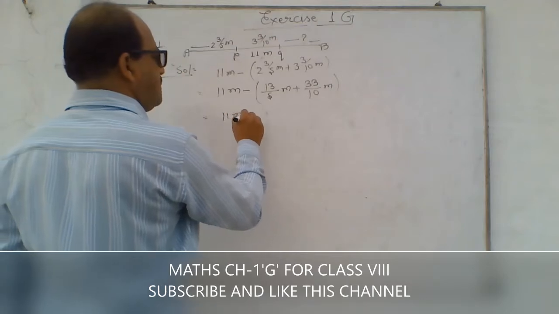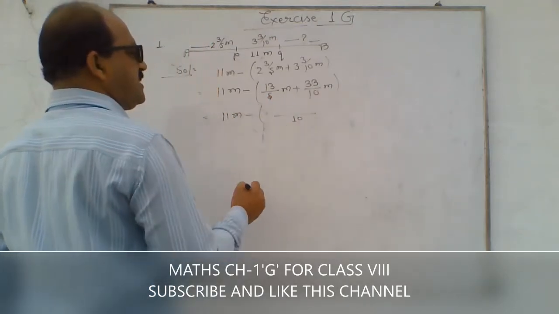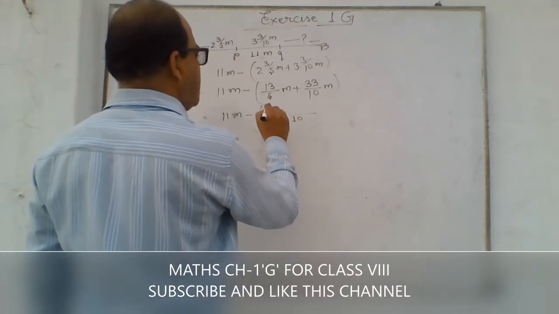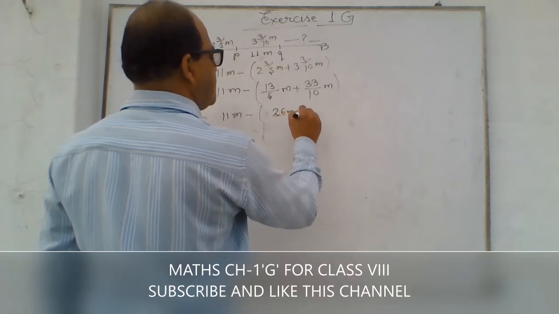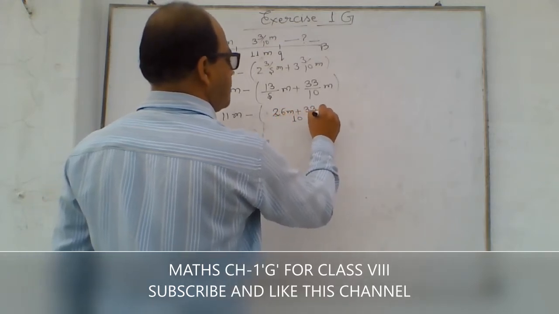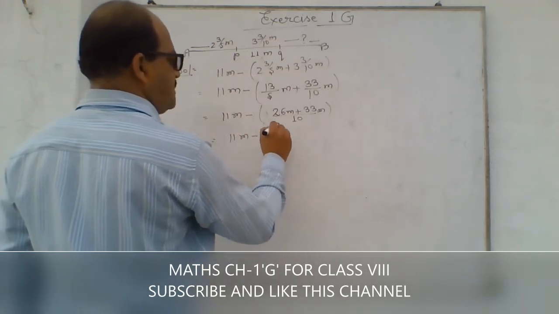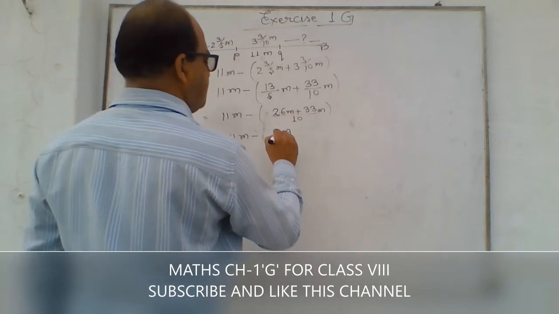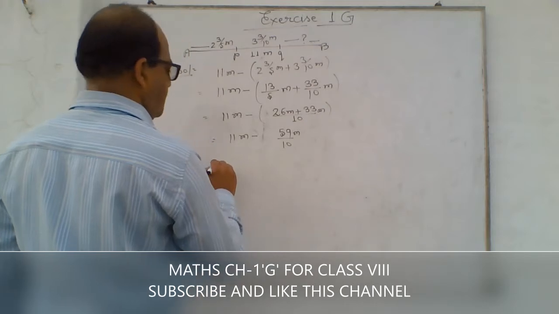11 meter minus, take the LCM of both denominators, 5 and 10, which is 10. 5 twos are 10, so 13 twos are 26 meter plus 33 meter. 11 meter minus, adding them, 6 plus 3 is 9 and 2 plus 3 is 5, 59 meter by 10.